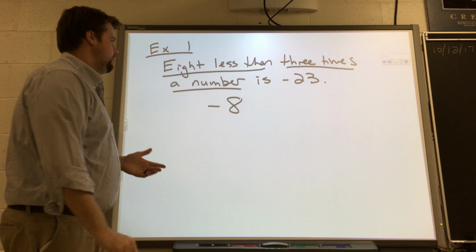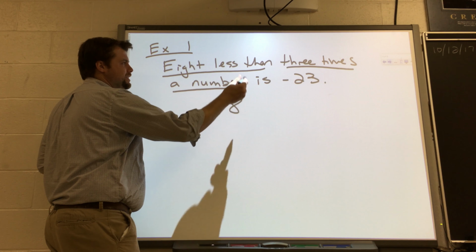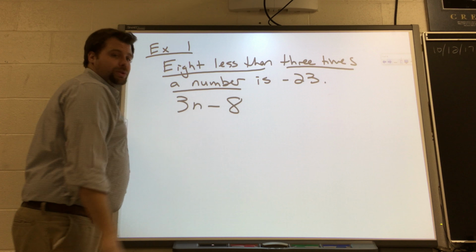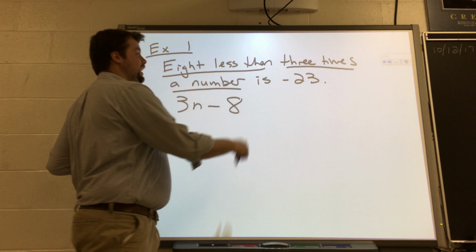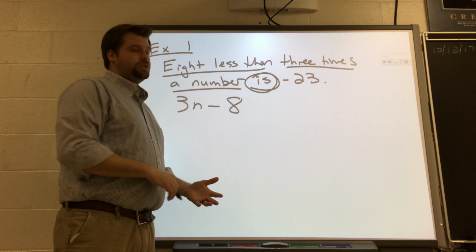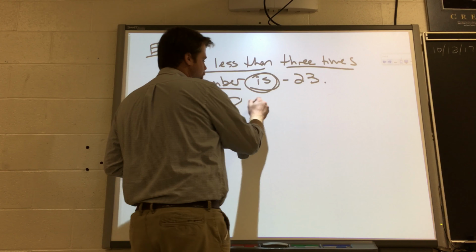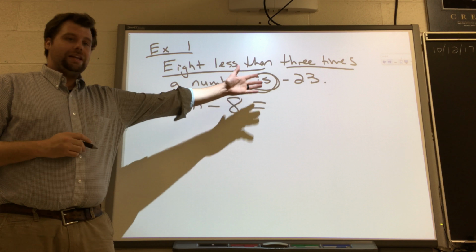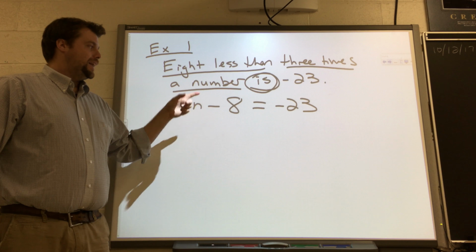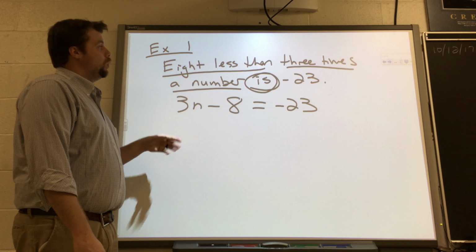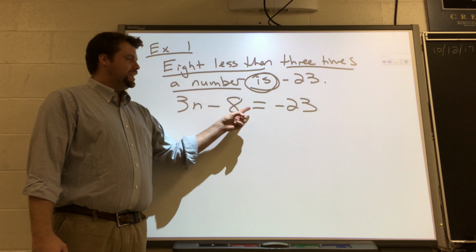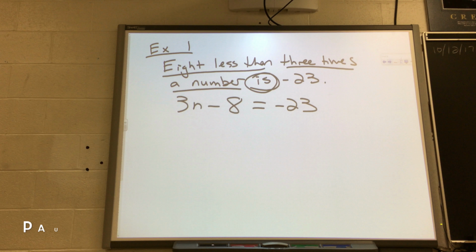I'll use n. So 8 less than 3 times n is 3n minus 8. Is, okay, very important. That word is, or is equal to, you often see, that represents the equal sign. And then negative 23. 3n minus 8 equals negative 23. Or 8 less than 3 times a number is negative 23.